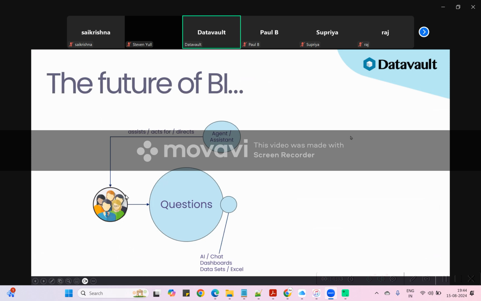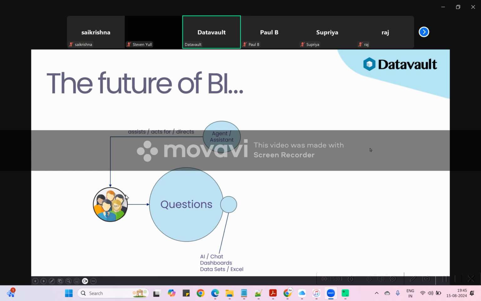On top of that, they'll have agents who can assist them with their work, act on their behalf to perform certain processes, or even act as middle management, controlling and directing people according to work allocation rules. So, a very different world from where we've been recently.